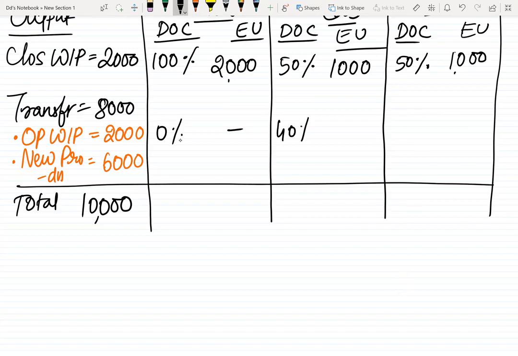That means you have to spend 40%. Overhead also 60%. That means you have to do balance 40%. So this will be 2000 into 40%, 800. Here 2000 into 40%, 800. Okay. Sir, this we understood. What about new production? Apply common sense. What do you mean by new production?